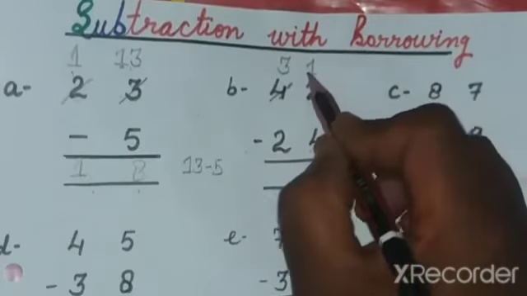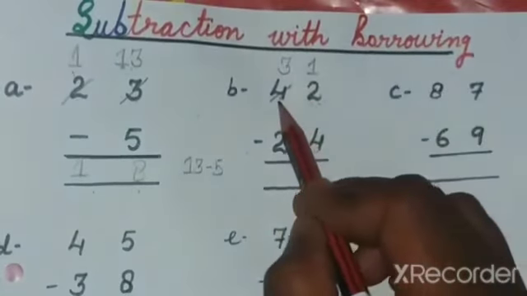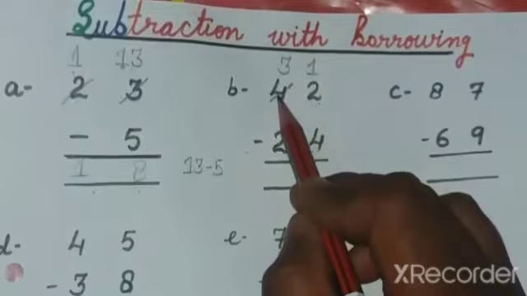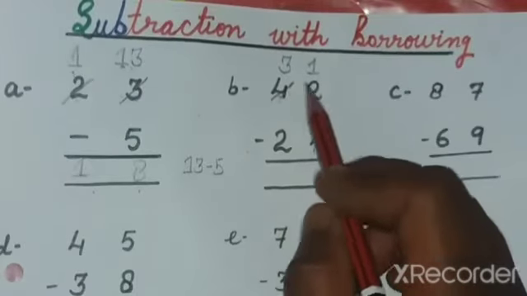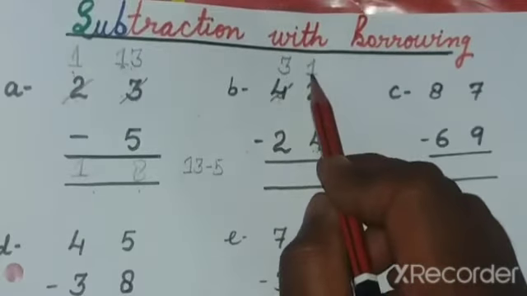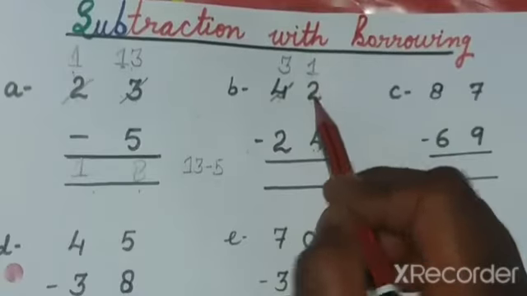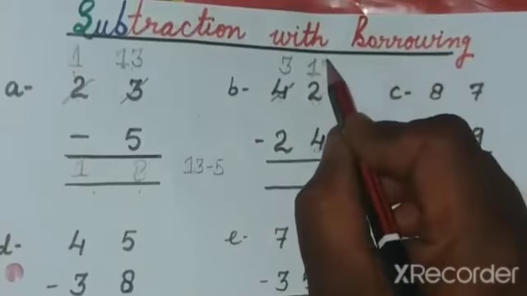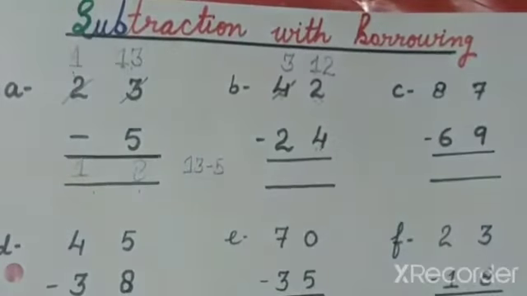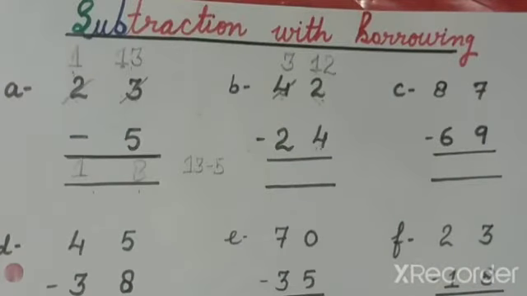This is actually 1 ten. Why? Because 4 was in the tens place, so this is 10, and 10 plus 2 makes 12.